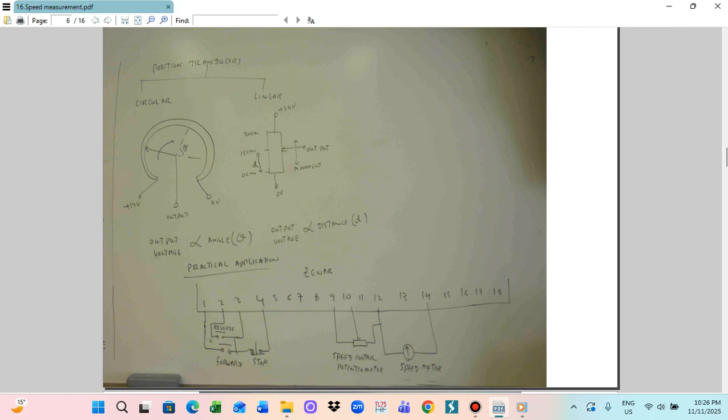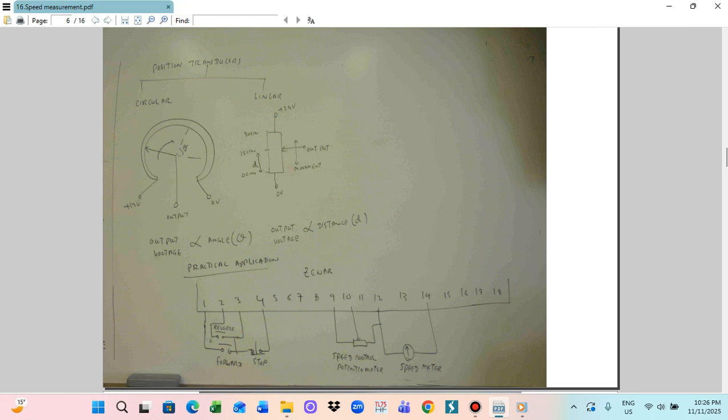Now I have the linear type. For the linear type we put the linear potentiometer here. This is plus 24 volt and this is 0 volt, so here we have 30 centimeter, 15 centimeter, 0 centimeter. We put the output position, which you can change.